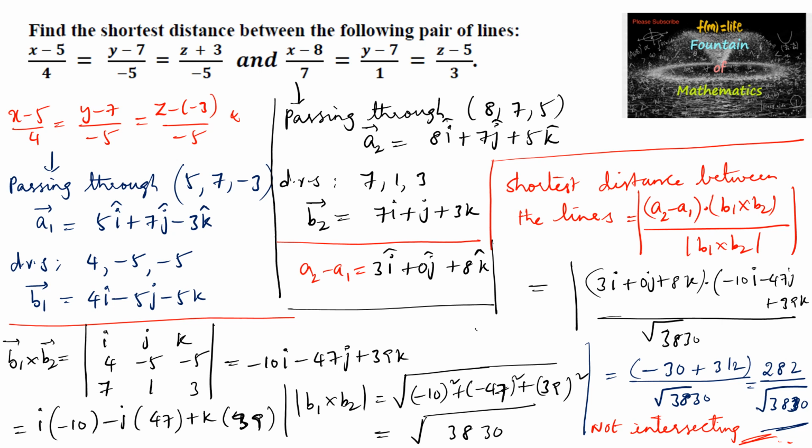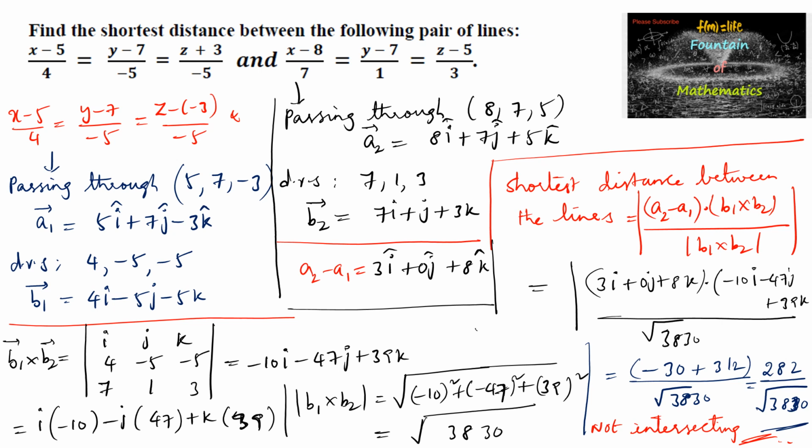Now let us find b1 cross b2. b1 cross b2 vector is equal to the determinant of i, j, k, with b1 vector 4, minus 5, minus 5, and b2 vector 7, 1 and 3, which is equal to i times of minus 15 plus 5, that is minus 10, minus j times of 12 plus 35, that is 47, and plus k times of 4 plus 35, that is 39.